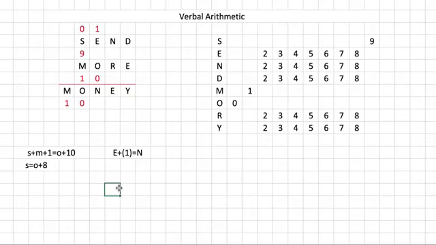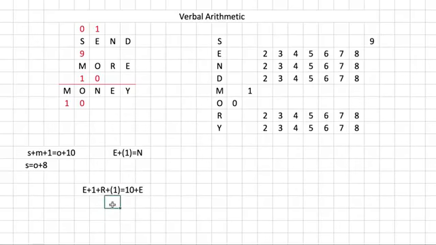So we can write N plus R plus, if there is a carry, is equal to 10 plus E. Now we know that E plus 1 is equal to N. So we can put E plus 1 here. So that will become E plus 1 plus R is equal to 10 plus E.